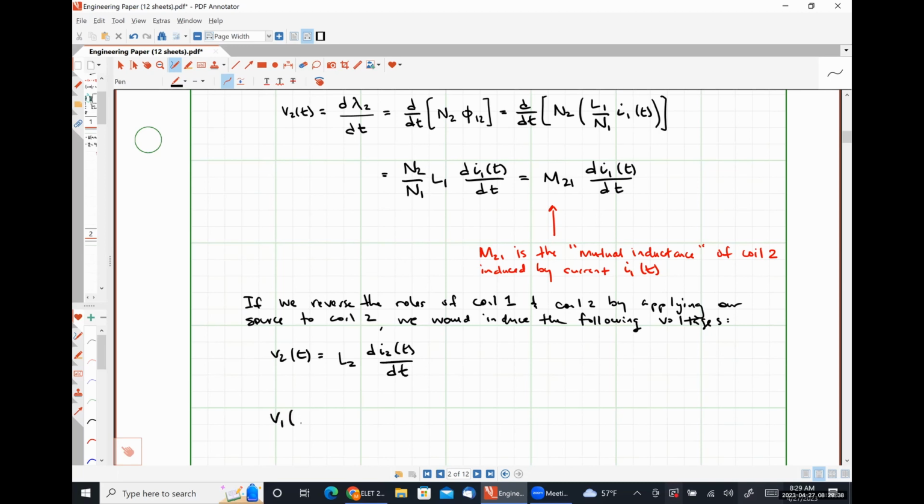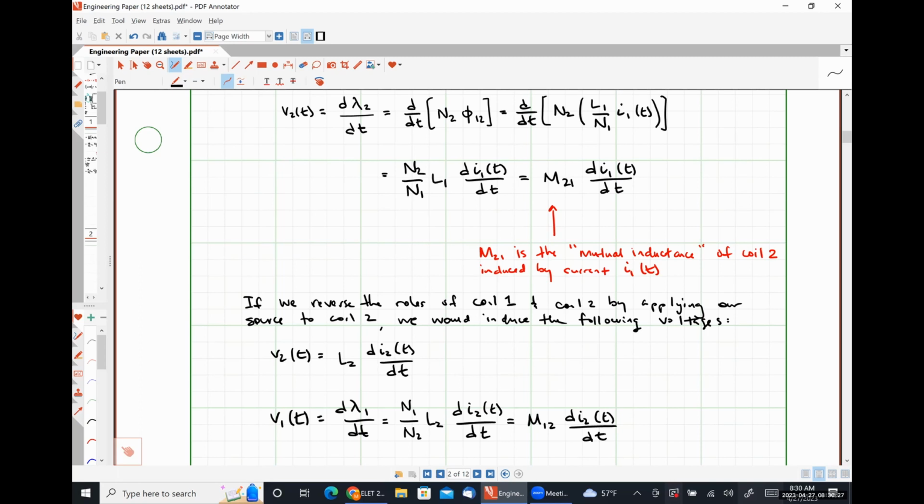And the voltage induced across 1 would be the derivative of the flux linkage of 1 with respect to time, which is going to come out looking like, after effectively the exact same algebraic steps here, N1 over N2 times L2 times the derivative of I2 with respect to time, which we would call M12 times dI2 with respect to time.